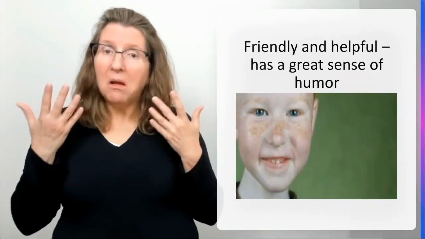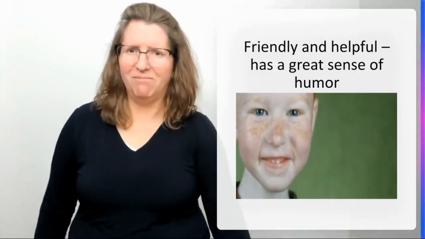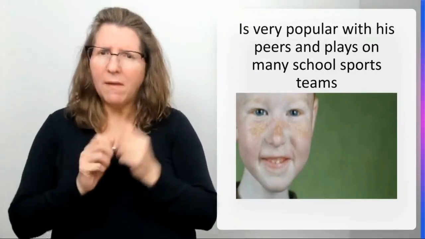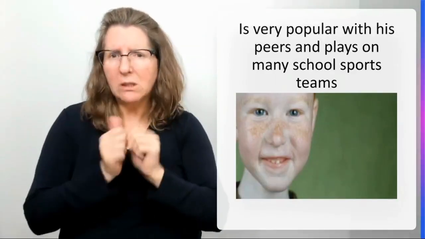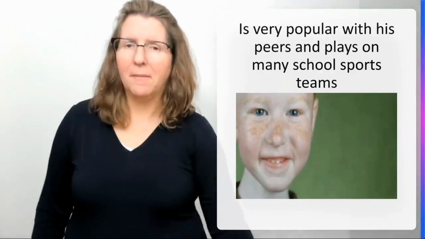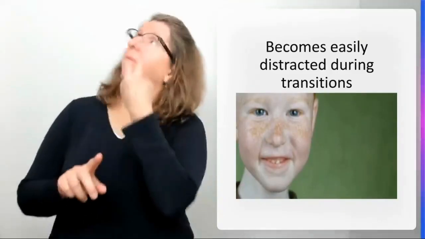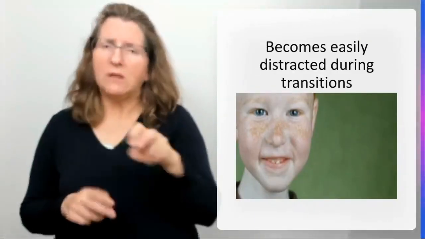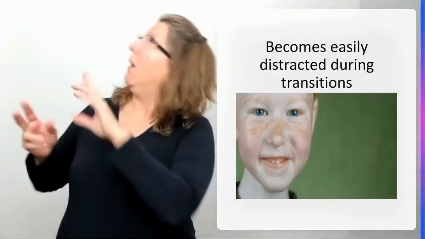He is friendly, helpful, and has a great sense of humor. He's very popular with his peers and plays on many school sports teams. Aiden is the kind of kid who goes off in the wrong direction when transitioning from class to class or activity to activity.